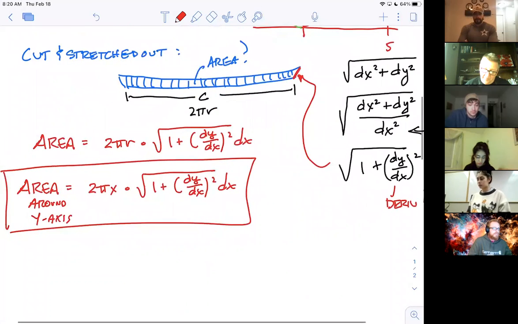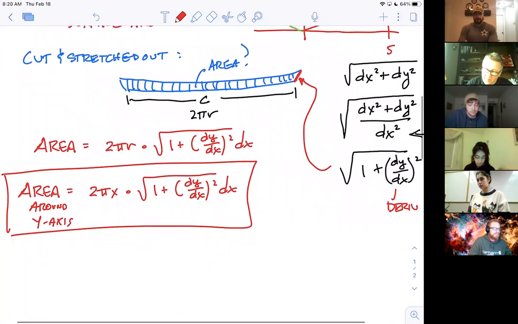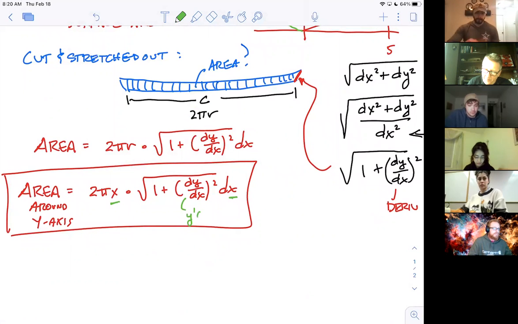So notice this is, if you will, already all in x's. This is x, this is x. Well, this is the derivative of y with respect to x. That was another way we wrote the derivative. In other words, that's the y equation, but we're taking the derivative and getting an x answer for it. Does that make sense?